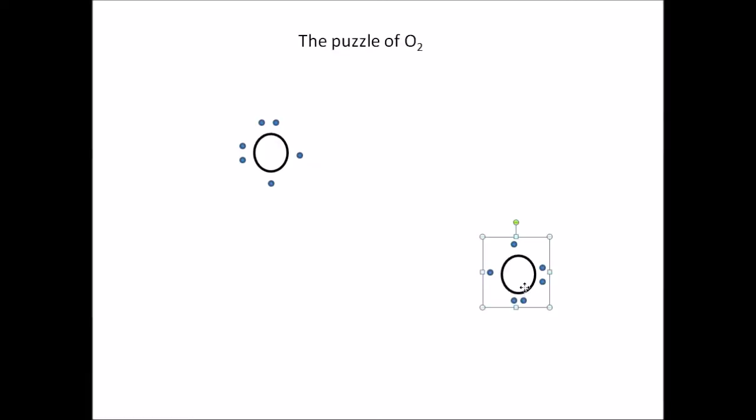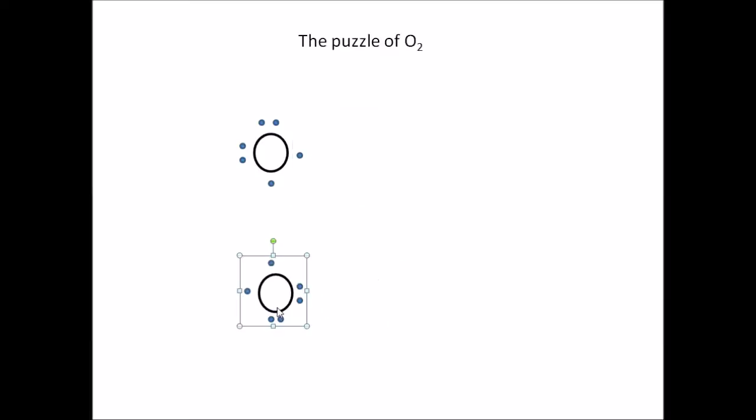If you were to take this oxygen, you could pair up dots like this, and that would make a nice bond between the 2 oxygens, but then you'd have this leftover single dot here and this leftover single dot here. You would not have an octet. You'd have 2, 4, 6, 7, not 8.